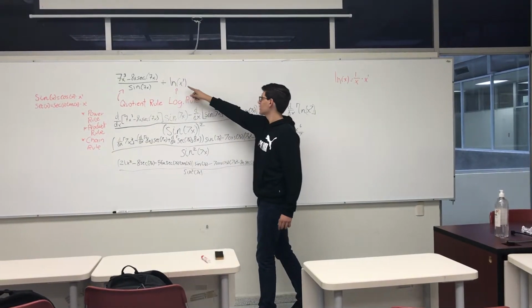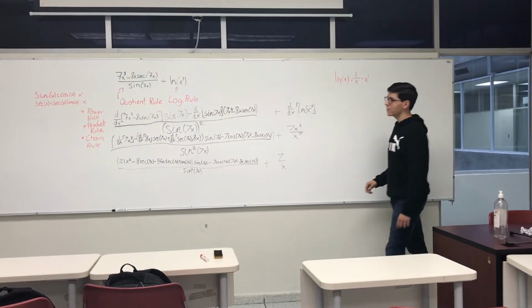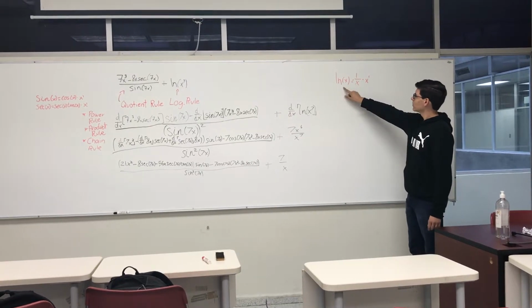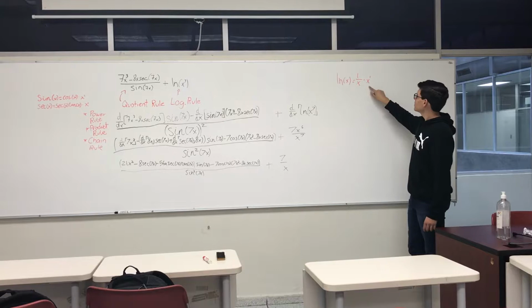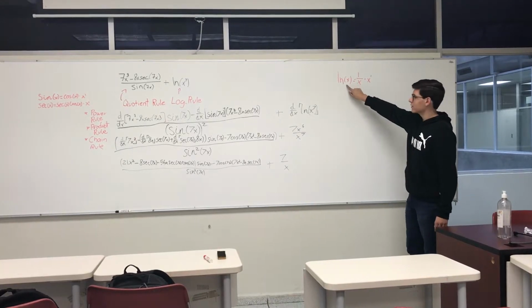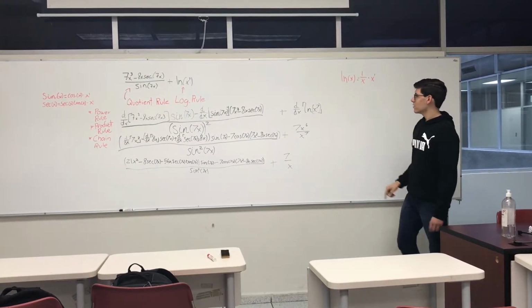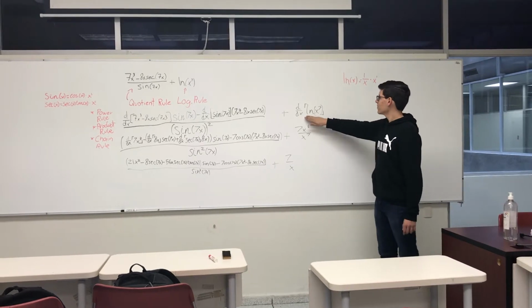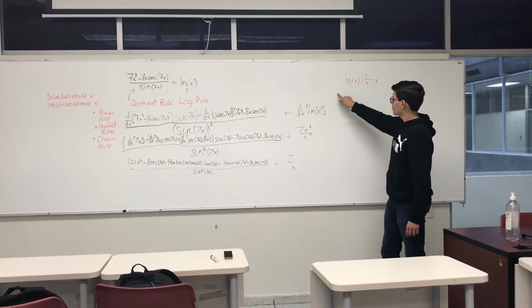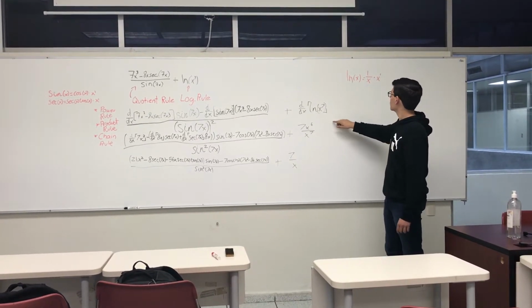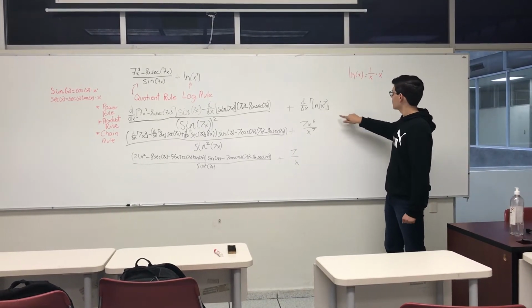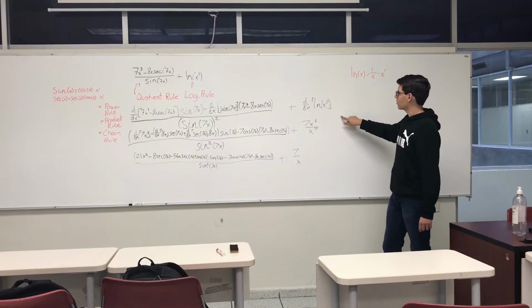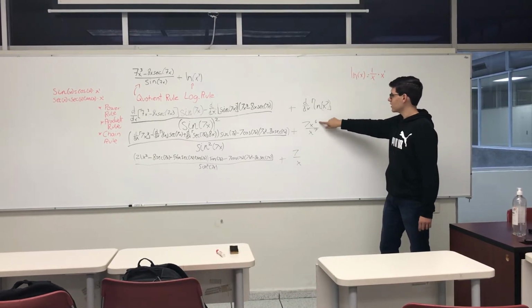And to solve this, we're going to use a rule, which is 1 over what is inside of the natural log, times the derivative of it, which is x prime. So we're going to take this part of the problem. So 1 over x to the 7th power times the derivative, which will be 7x to the 6th.